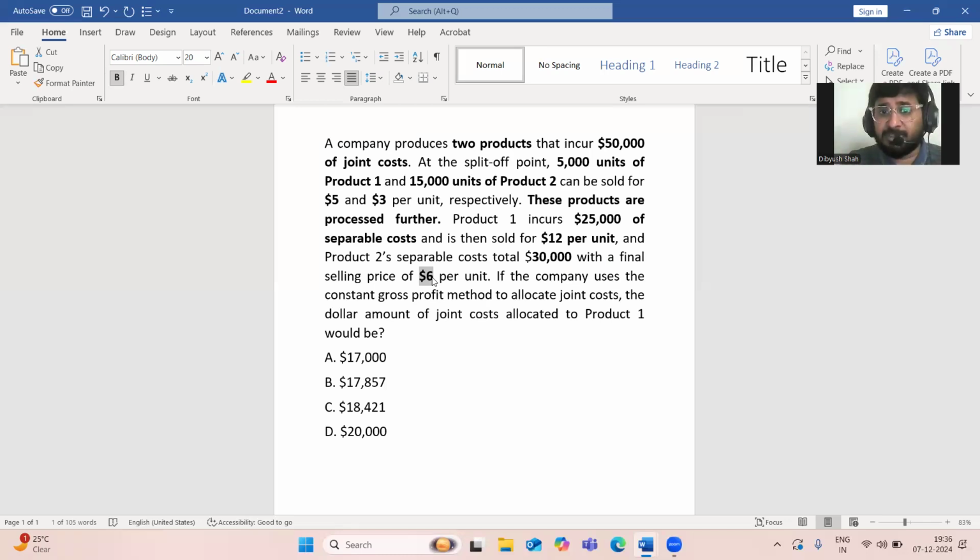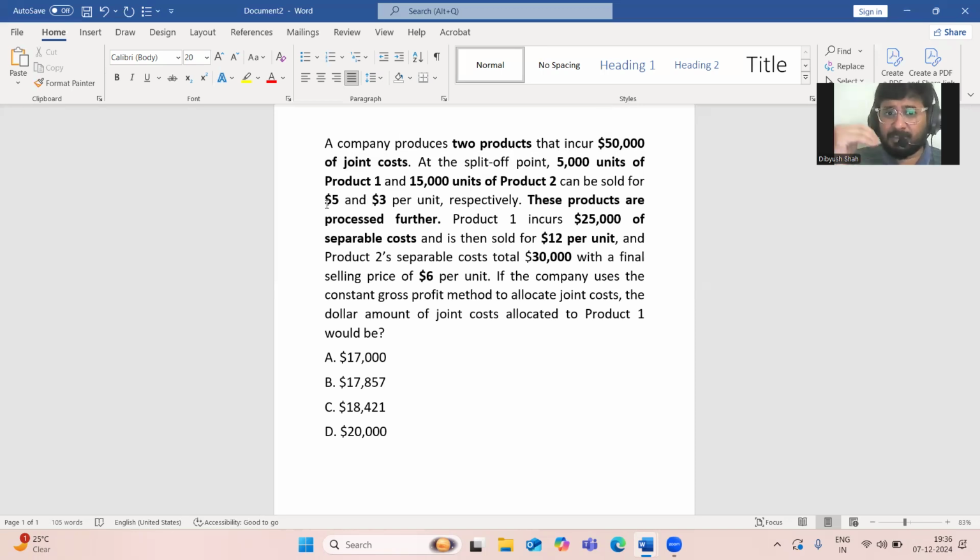So read the question with me once again to summarize it. A company produces two products. So two products are produced, incurring $50,000 in joint cost. After this, at the split off point itself, 5,000 units of product 1 and 15,000 units of product 2 is available, and they can be sold for $5 and $3 respectively.